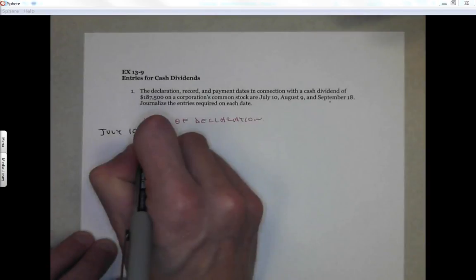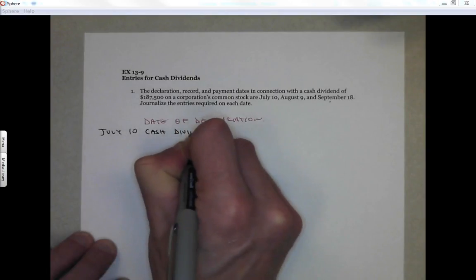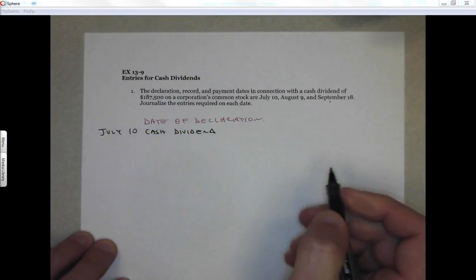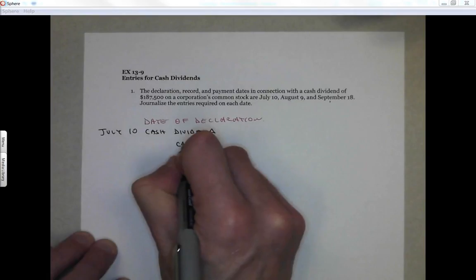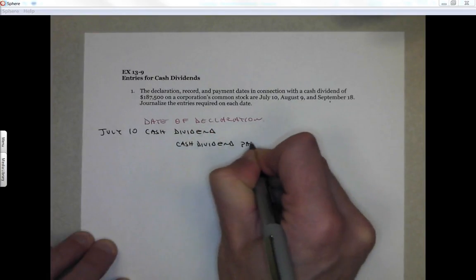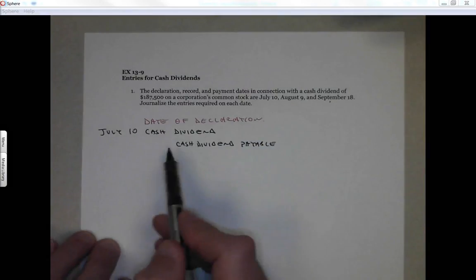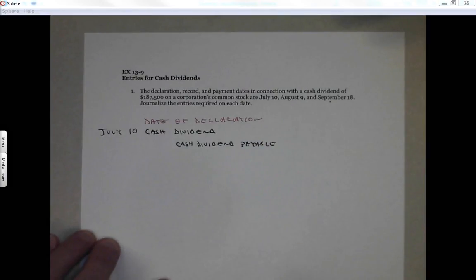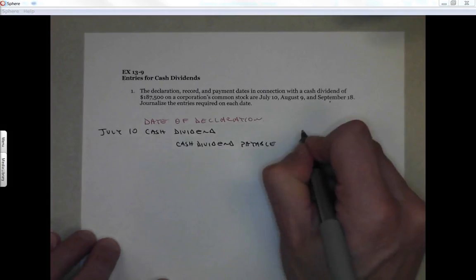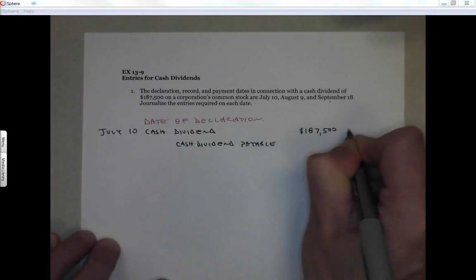So we're going to have a cash dividend and cash dividend payable. And you can use a lot of different words as long as it's a payable or a liability of some kind to show that you're going to be paying this. And so how much is this? Well, they've said that it's $187,500.